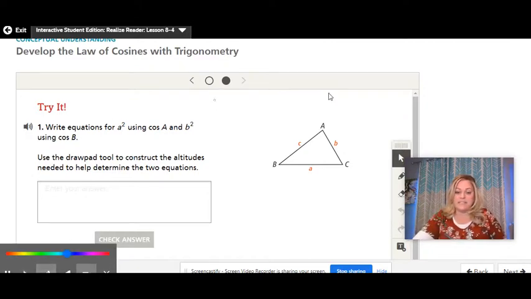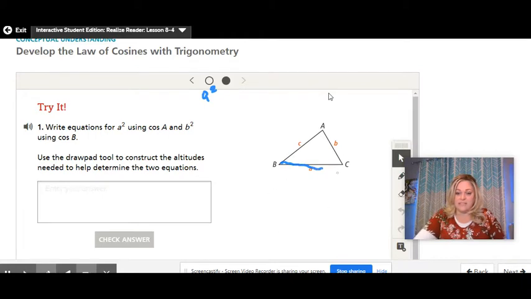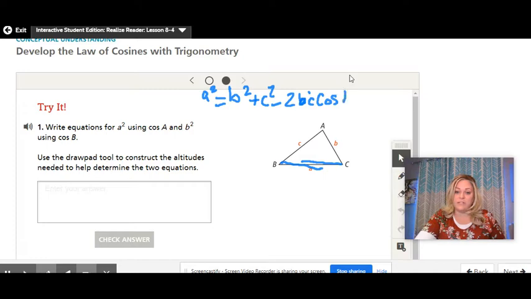What it says is that a squared, meaning this side right here, and honestly, it's any side of a non-right triangle, would equal the other two sides, b squared plus c squared, subtracting 2bc times the cosine of the angle that we're talking about. So in this case, it's A.